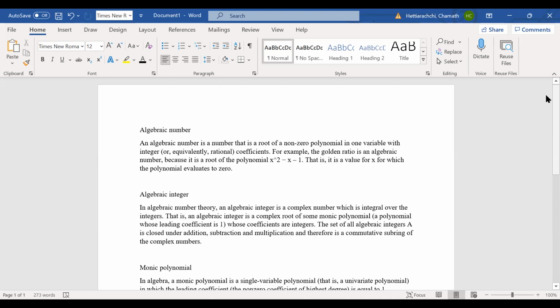For example, the golden ratio is an algebraic number because it is the root of the polynomial x squared minus x minus 1. So all the rationals are algebraic numbers, and some irrationals are algebraic numbers, but not all irrationals are algebraic numbers. For example, pi and e are not algebraic. They are not roots of a polynomial with integer or rational coefficients.